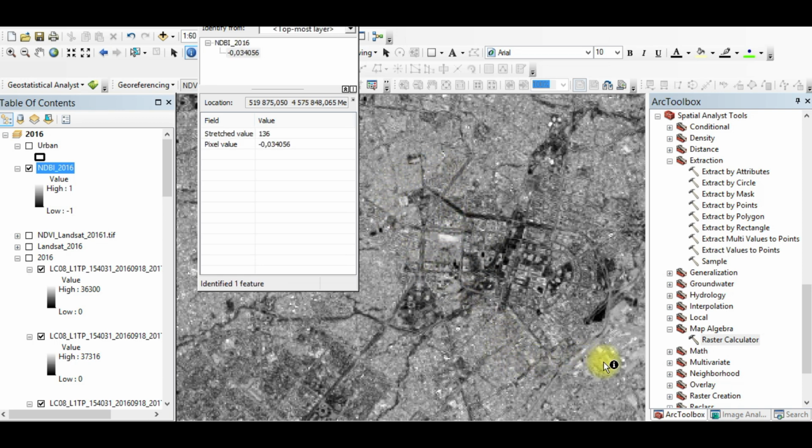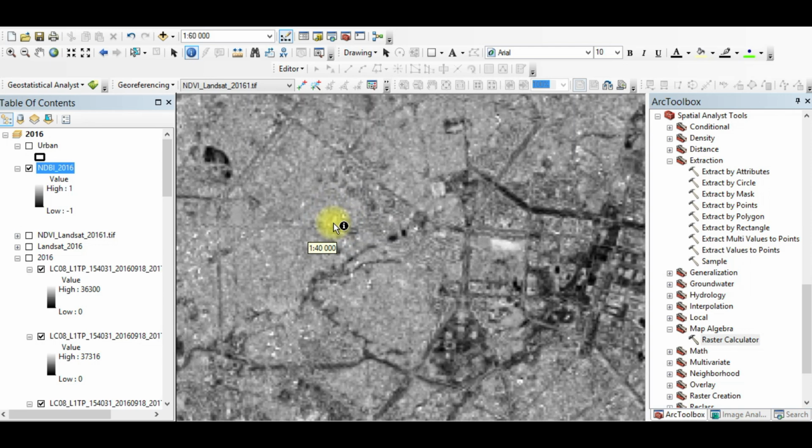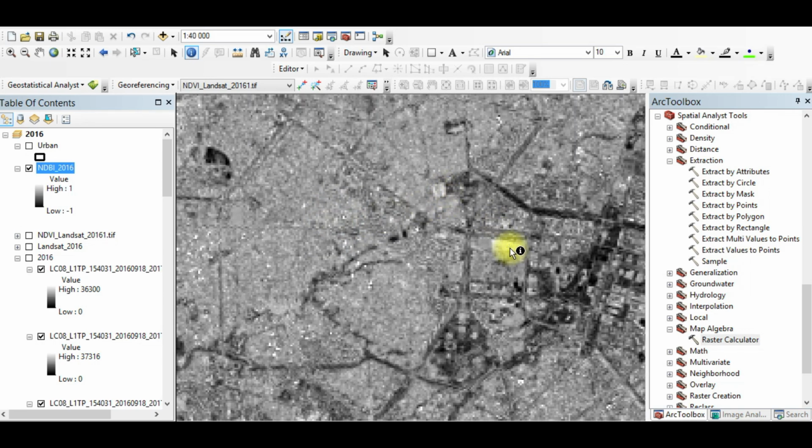You know that it is more correct to calculate NDBI using a higher spatial resolution image like Sentinel or even higher, because Landsat has a pixel resolution of 30 by 30, which means 900 square meters, one pixel.